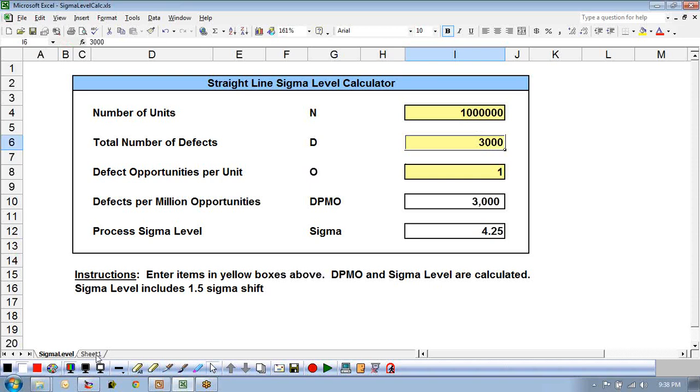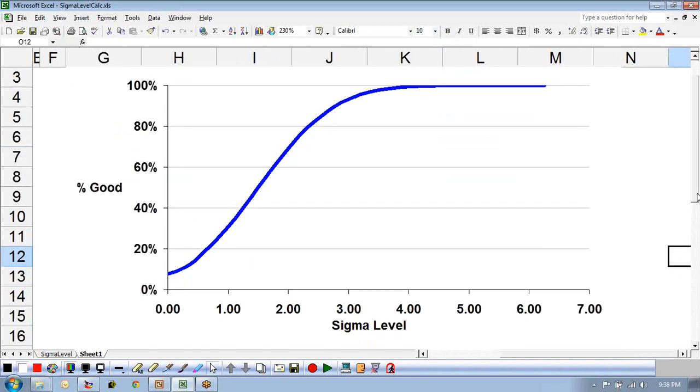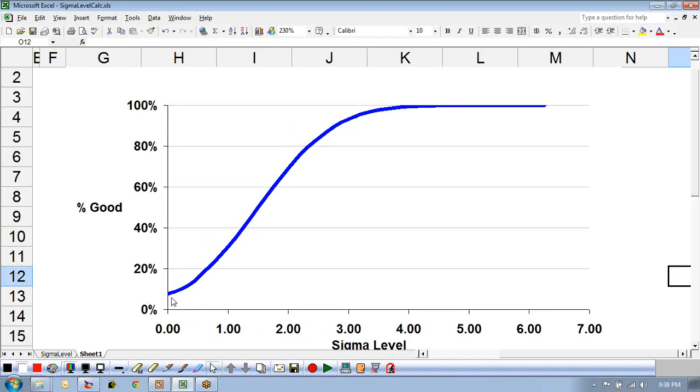You can tell I don't put all that much stock in sigma level because, quite frankly, I find it harder to translate. But anyway, here's a sigma level translator that goes between percent good and the sigma level, and you can see that you can actually have a negative sigma level if you get below, say, 10% good.